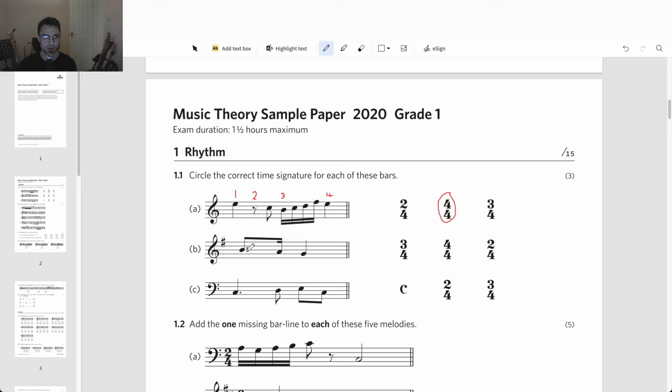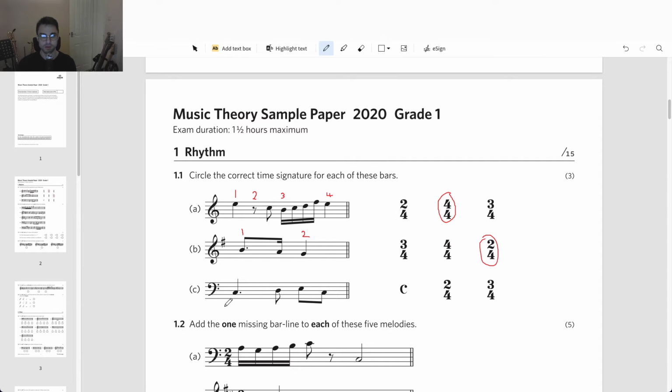So 3 semiquavers plus a semiquaver equals 4 semiquavers, and we've already seen that 4 semiquavers are equal to a crotchet. So this is going to be our first crotchet here, and this is our second one sitting there all alone at the end of the bar. So the answer to this question is 2/4. There are 2 crotchets in this bar.